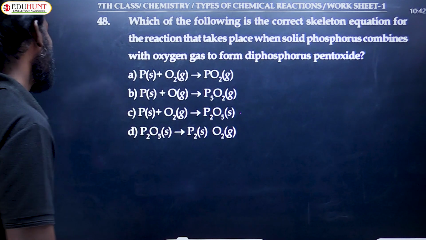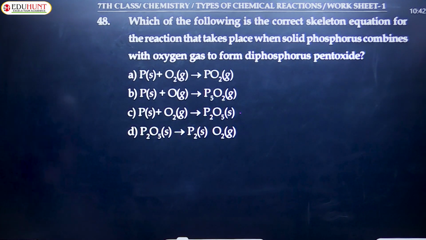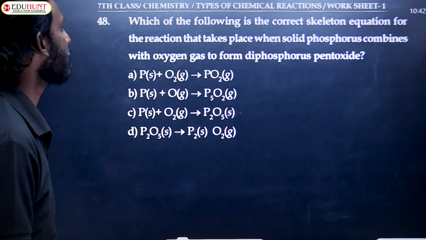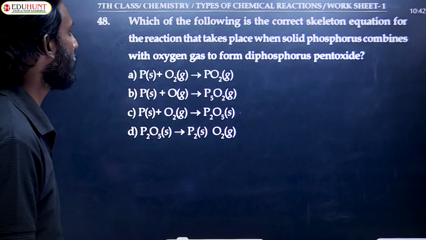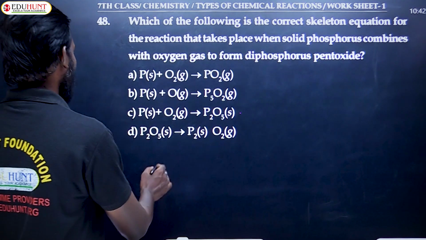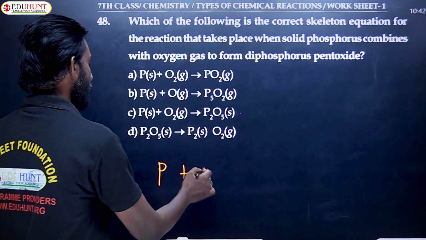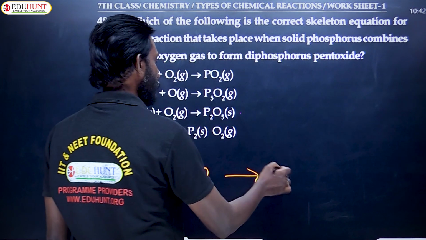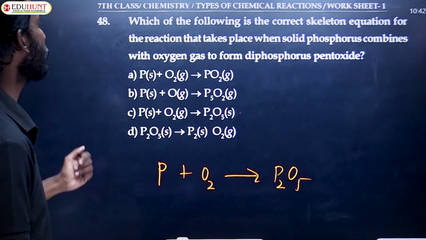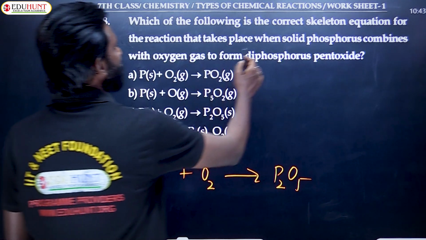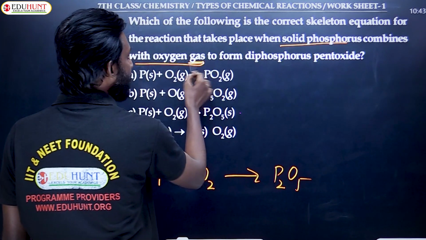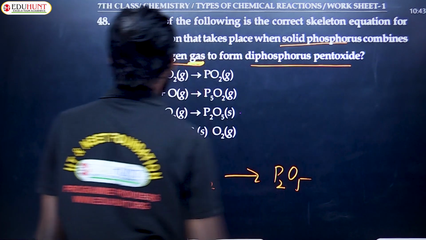Which of the following is the correct skeleton equation for the reaction that takes place when solid phosphorus combines with oxygen to give diphosphorus pentoxide, P2O5? That means phosphorus plus oxygen gives rise to P2O5. Solid phosphorus combines with oxygen gas to give diphosphorus pentoxide.